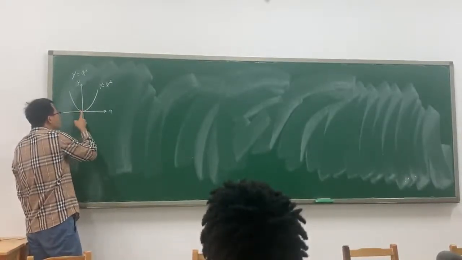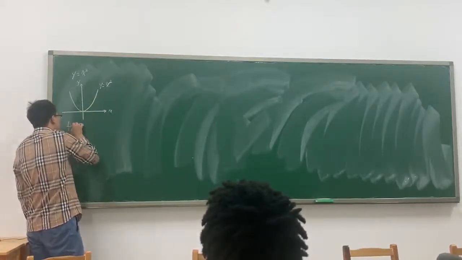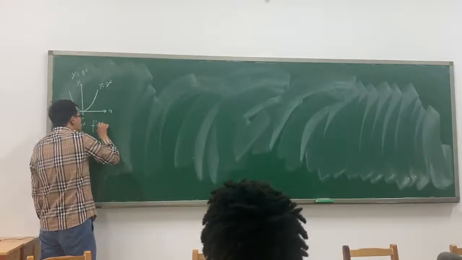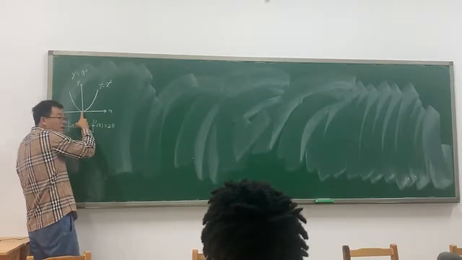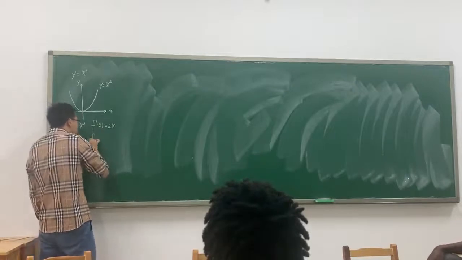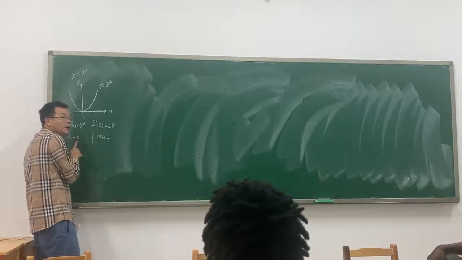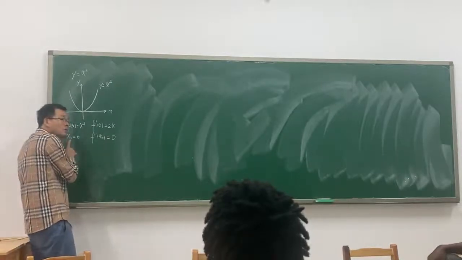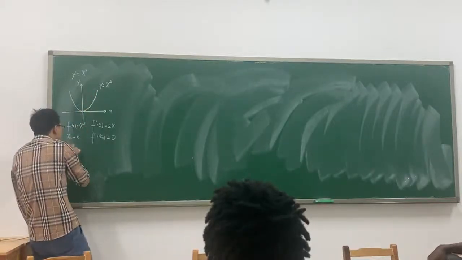Actually, for this function f(x) equal to x squared, f prime equal to 2x. At the point 0, we let x0 equal to 0, and we can see that f prime of x0 equal to 2 times 0, so it's 0. So this means that x0 is a stationary point of the function.